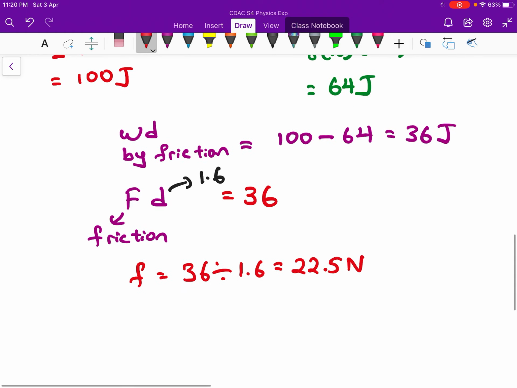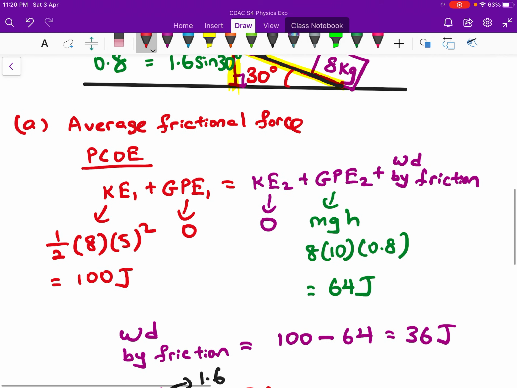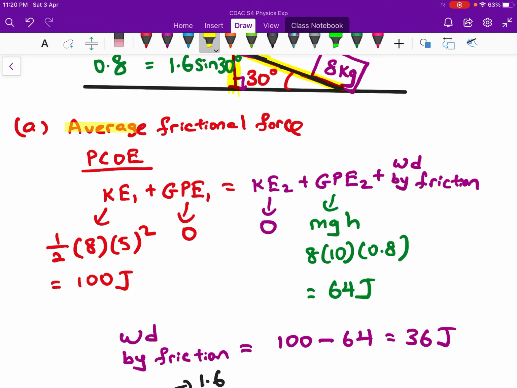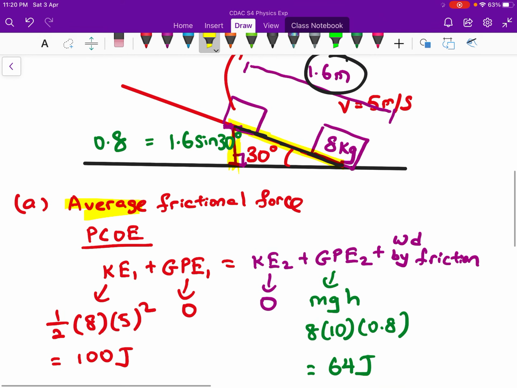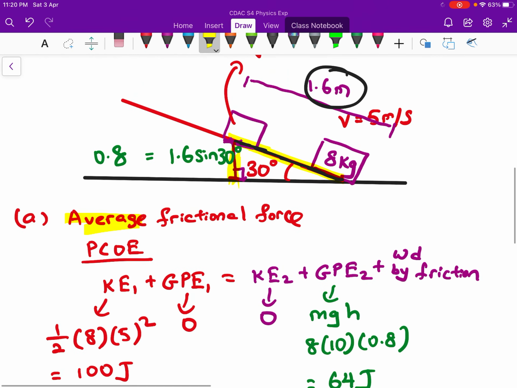You notice that they use the word average: average frictional force. Why do they use average? It is because frictional force depends on the speed. If the box is traveling very fast, the frictional force is bigger, and if the box is traveling very slow, the frictional force is smaller. So the magnitude of the frictional force acting on this 8 kg box is not constant.